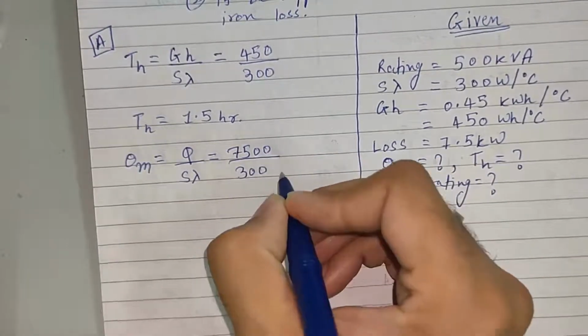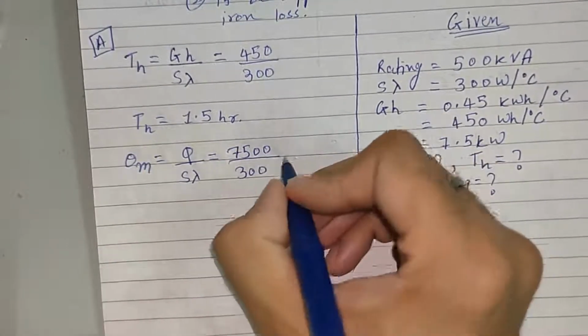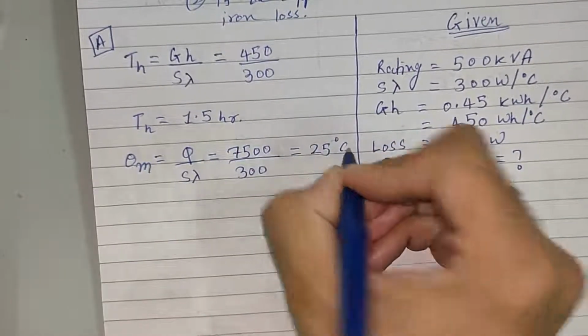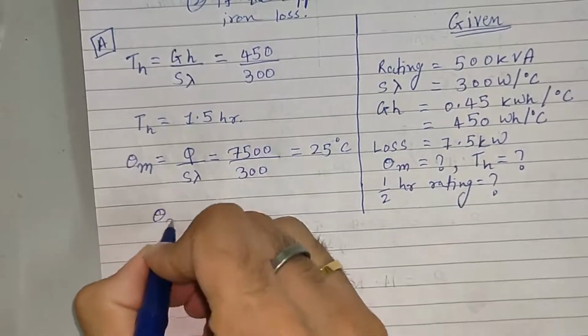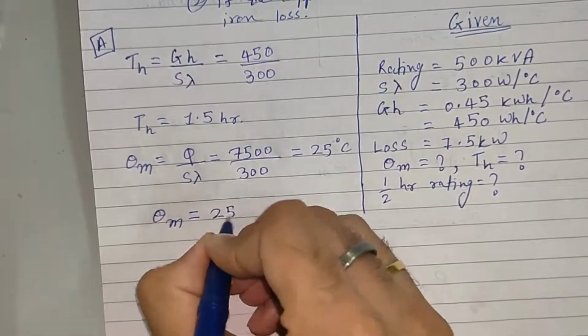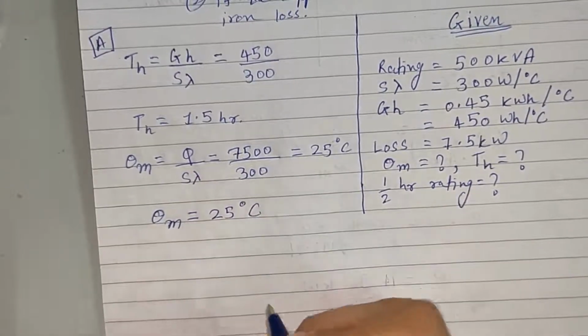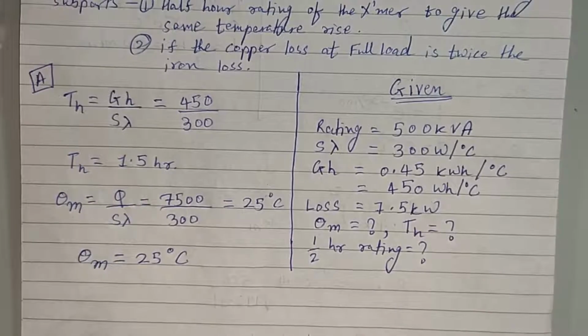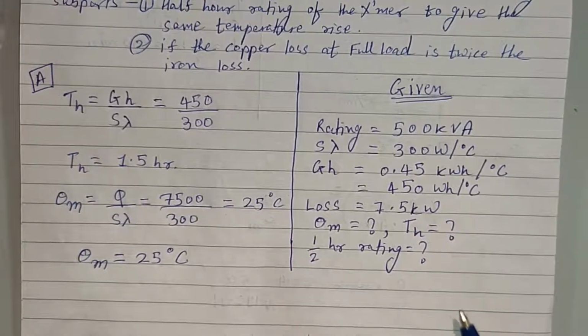On simplifying this, the answer you'll get is 25 degree centigrade. So the value of theta m is nothing but 25 degree centigrade.